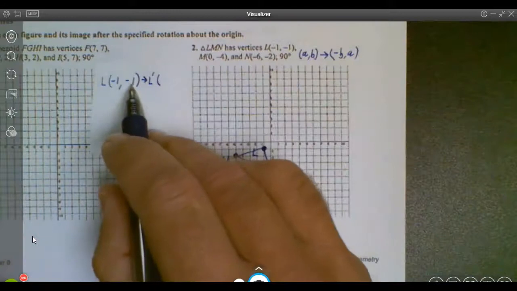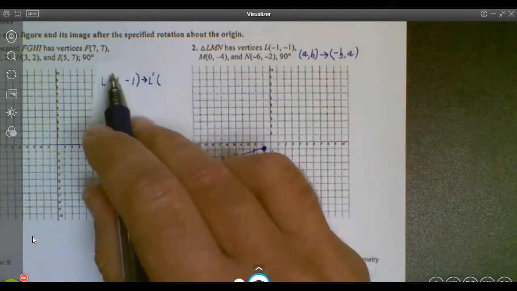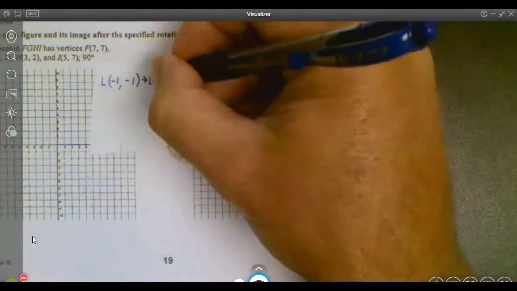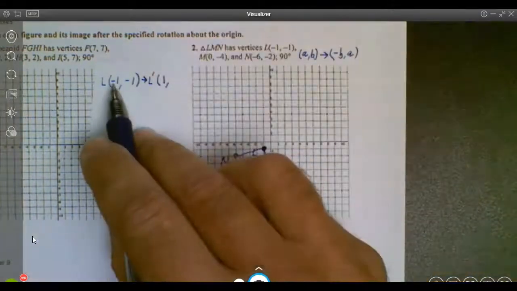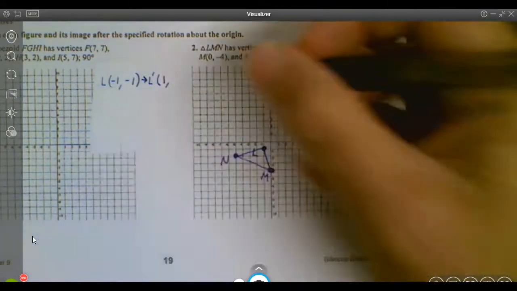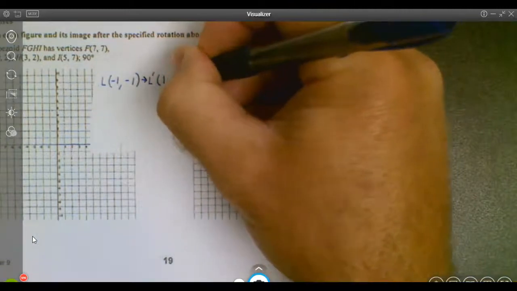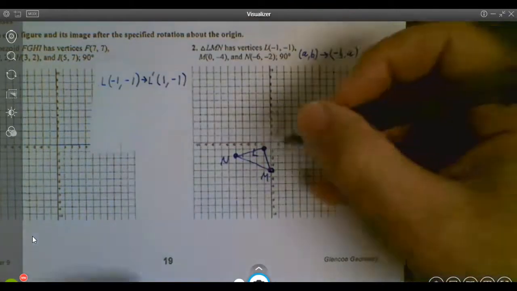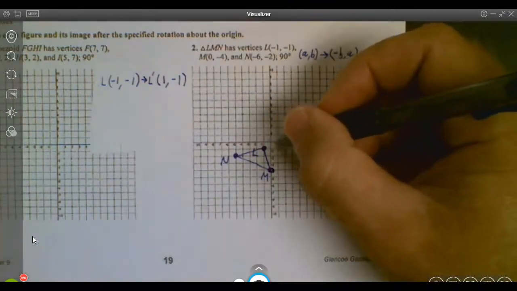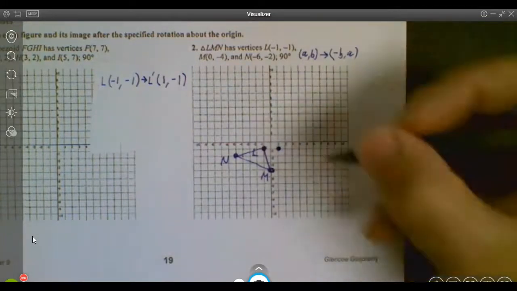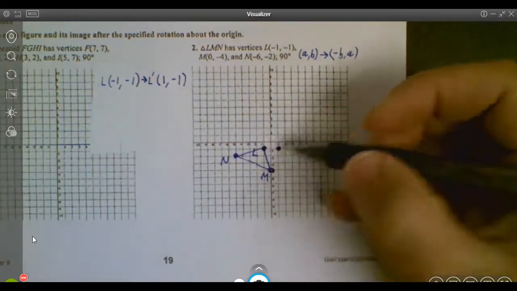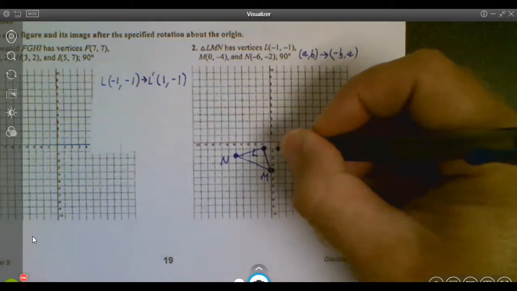As this -1 moves into this slot, it now becomes +1. And as the other one moved into its slot, it stayed as it was originally, -1. So if I plot the point 1, -1, sure enough, you see how L prime moved into this quadrant.